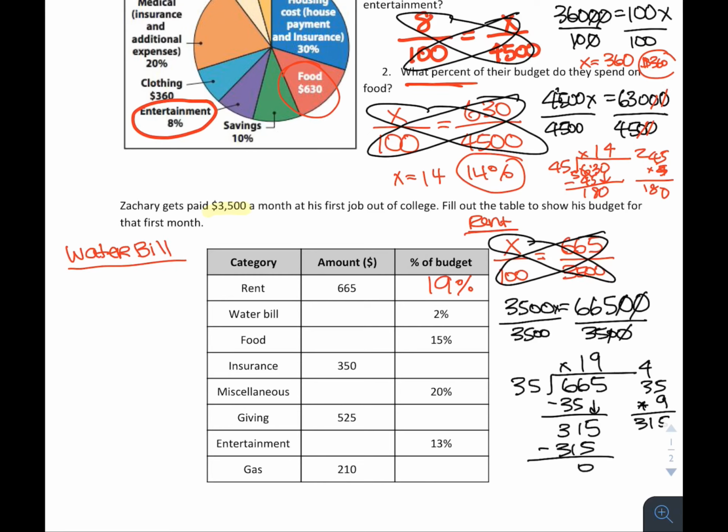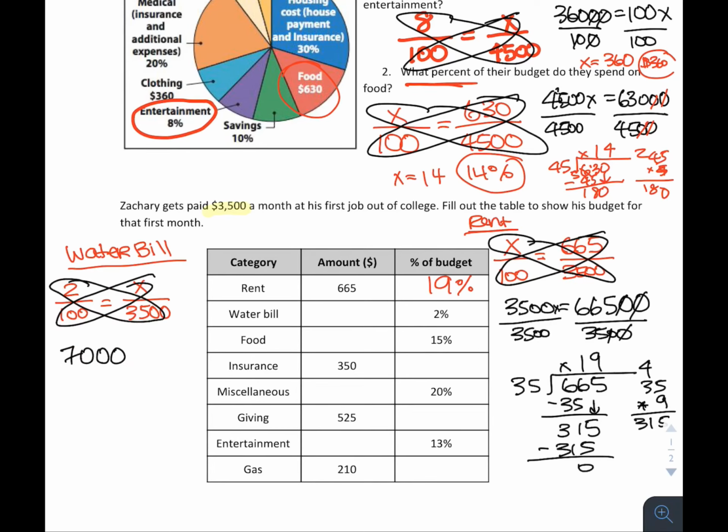For the water bill, we have to do the same thing, but this time we're looking for the amount. And the given is 2%, so we know that it's going to be 2 over 100 equals, we're looking for how much he's spending for water bill off of his net income, which is $3,500. Then I'm going to do the same thing and cross multiply to figure out our x.